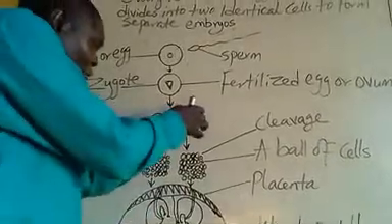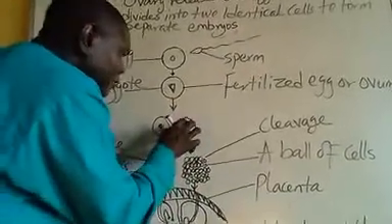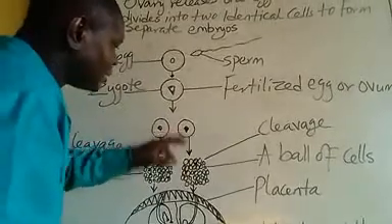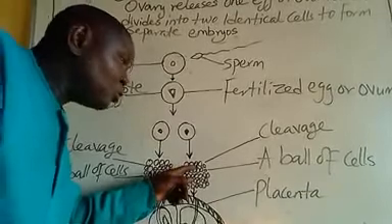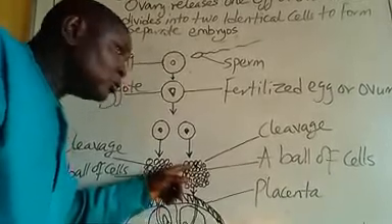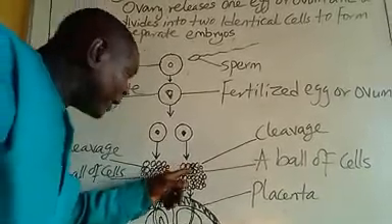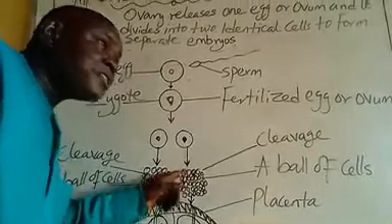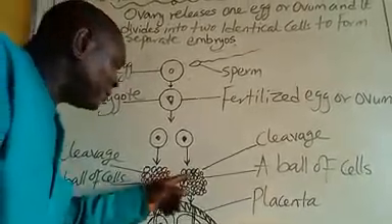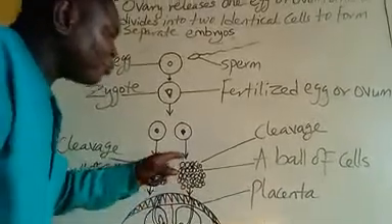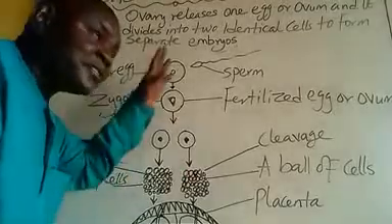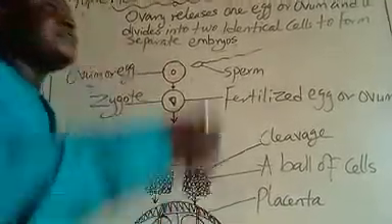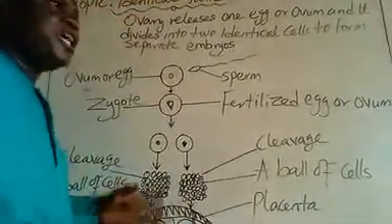The same thing is applicable to this. This fertilized cell will split into two. From 2 to 4, from 4 to 8, from 8 to 16, from 16 to 32, etc. The progression here is geometric in nature.